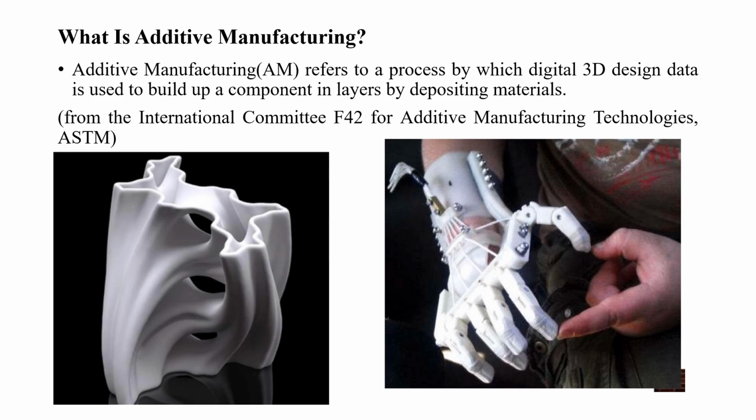Instead, we are going to add the material layer by layer, and we are going to construct the model. So it is nothing but 3D printing. 3D printing and prototype are all synonym words for additive manufacturing.